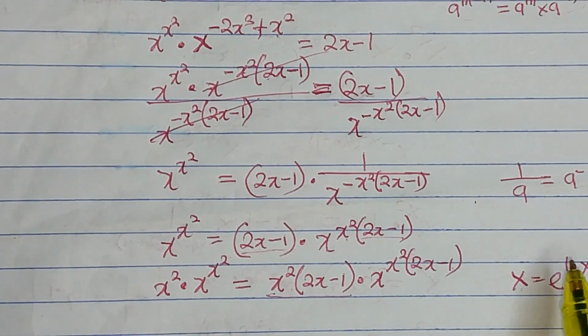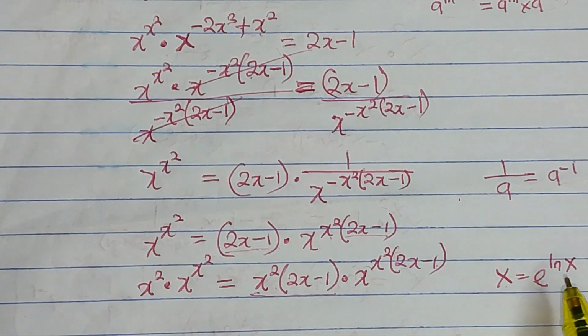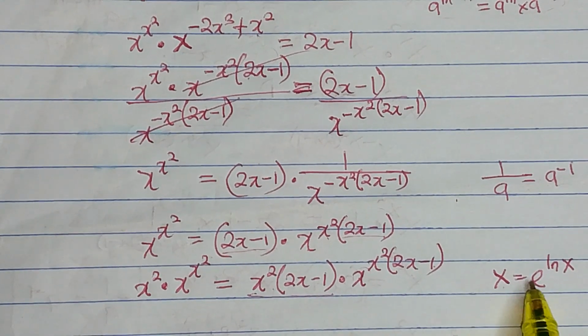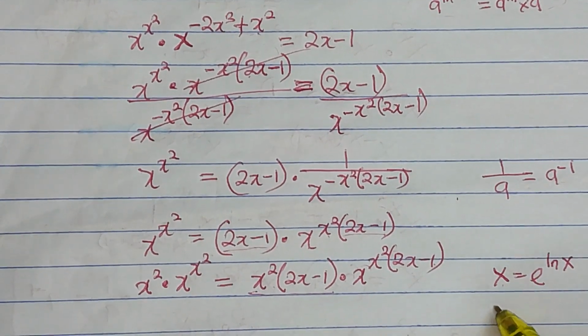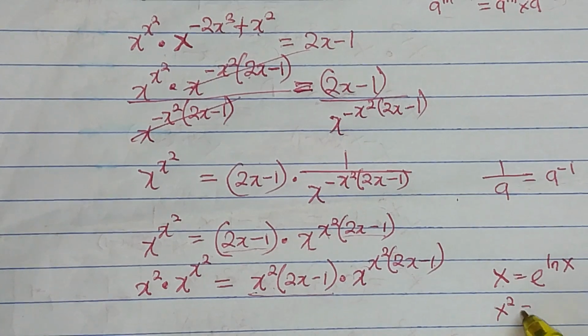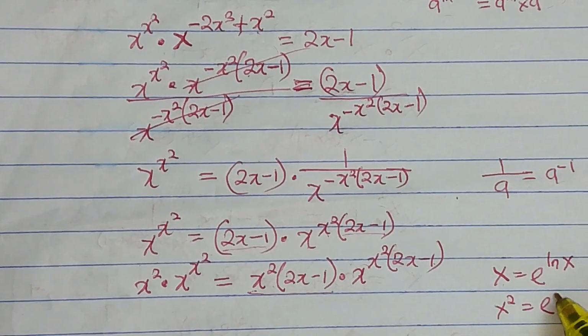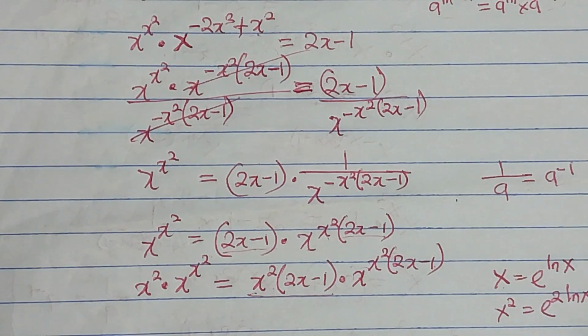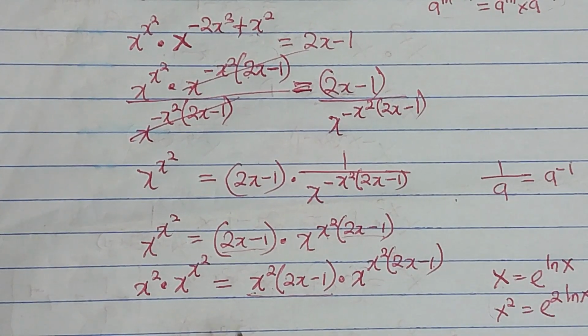So since this is the same thing as this, if we are also given x squared, that is the same thing as e to the power of 2 ln x. So since this is the same thing as this, we have to apply this law here.